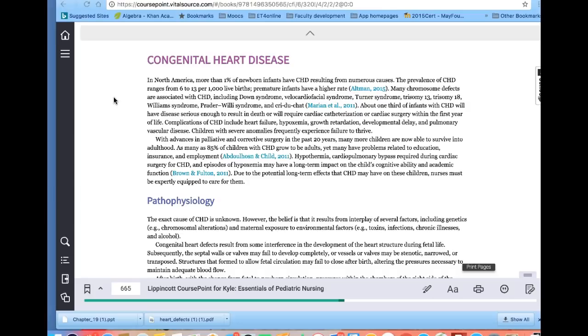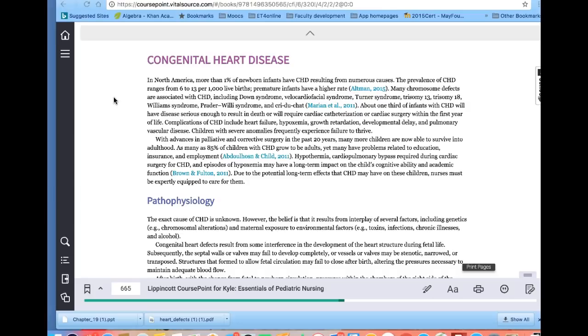Some differences in blood pressure you may see in upper extremities and lower extremities. That's what's really important, to take blood pressures in both upper and lower extremities. You can see increased heart size on an x-ray. Cyanosis, of course, circumoral cyanosis.